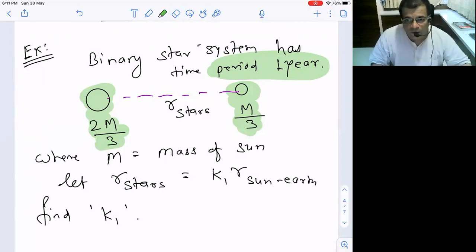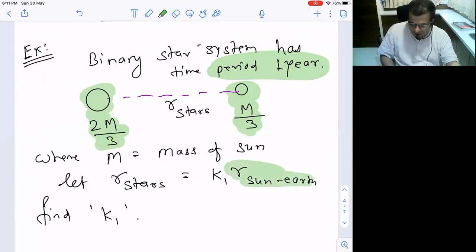It is asked to find the separation between the stars if the separation R between the sun and the earth is given.